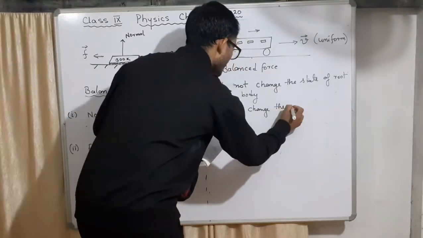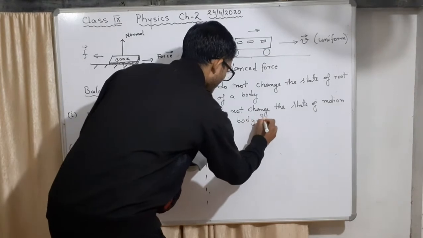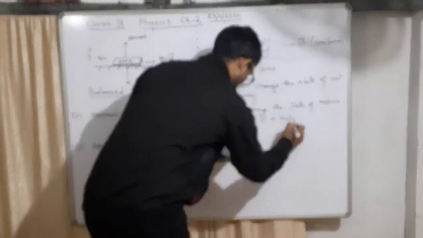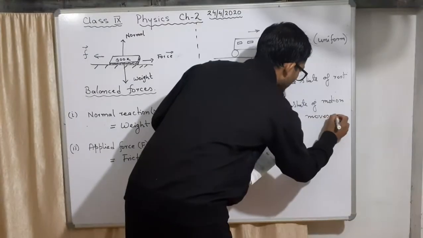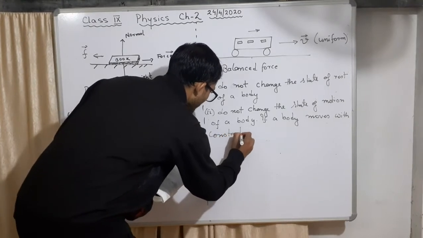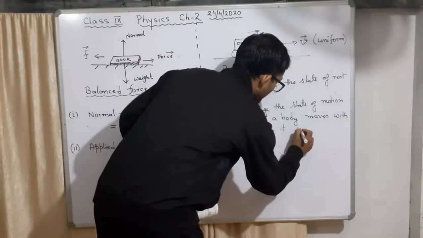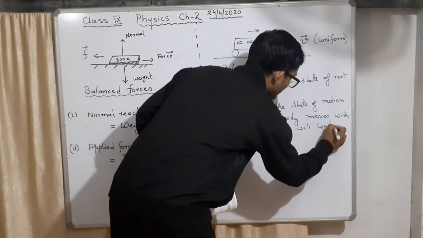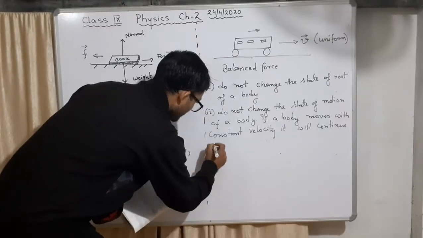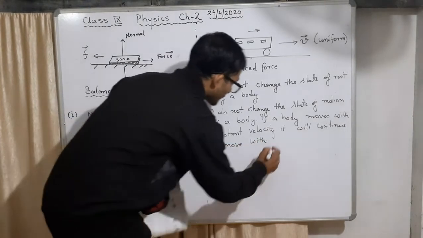balanced force does not change the state of motion of a body. If a body moves with constant and uniform velocity, it will continue to move with the same velocity.